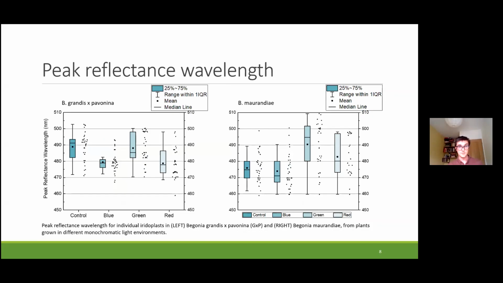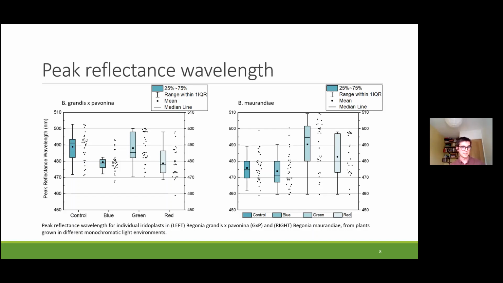Now for the bit that really interests me, which is the peak reflectance wavelength for individual iridoplasts. This should give us a really good indication of whether the iridoplasts are changing their structure based on the wavelengths of light available to them. For GXP, we see a really tight grouping for the blue light group around 480 nanometers, which is definitely in the blue.